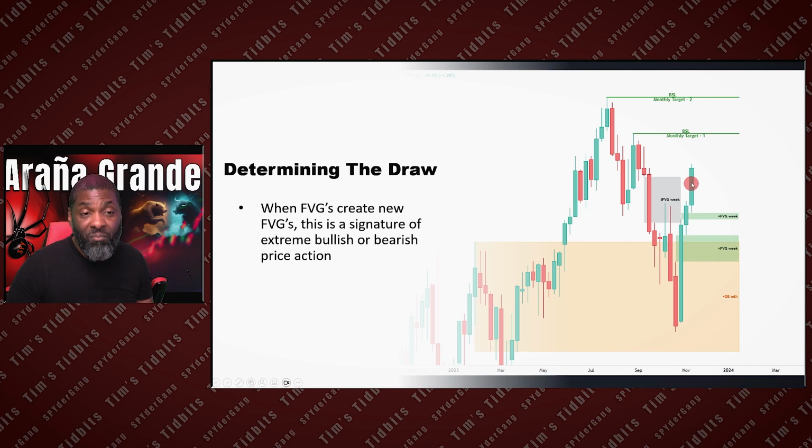Well, how do we do that? Because this weekly candle closed above that SIBI's high right there. That's how. So not only are BISIs creating BISIs, we've created another inversion fair value gap.